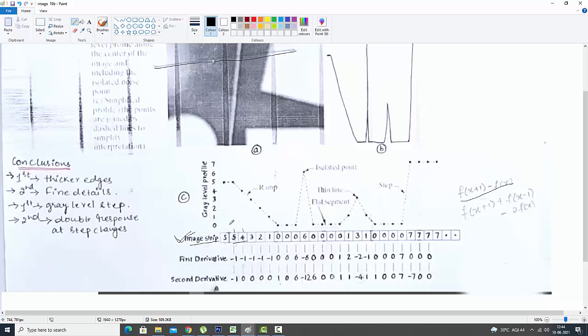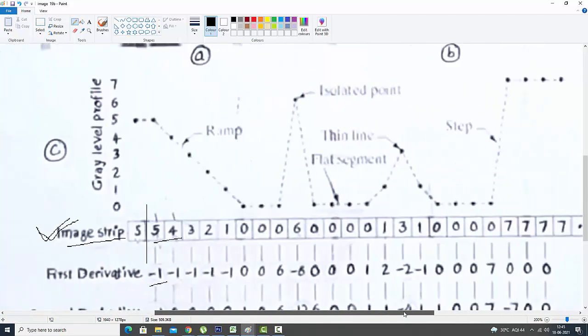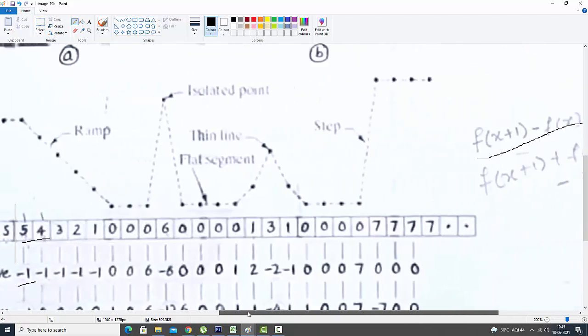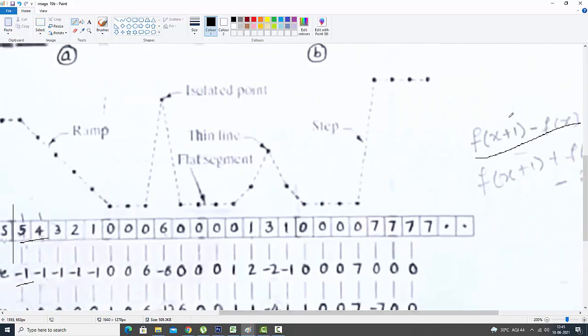So from here 4 minus 5, we get minus 1. Then if I enlarge this a little, 3 minus 4, again we have minus 1. Why is this occurring? Because we are taking f(x+1) minus f(x). In this manner it goes on, and when it is 0 minus 0, it will be 0.